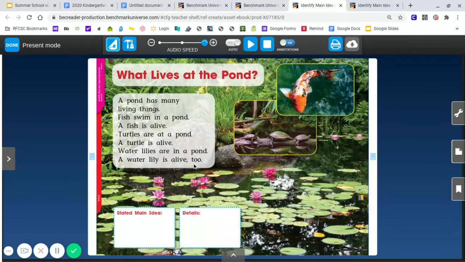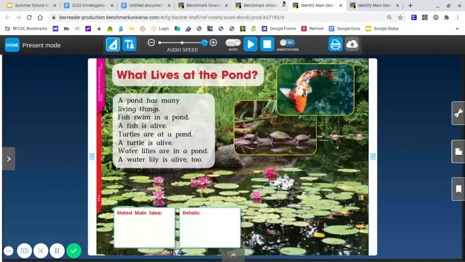Water lilies in a pond are details, and being alive too is also a detail. So this text is about a pond having many living things. It's stated for you. And then your details help support the main idea. So the details tell us what living things are actually there.